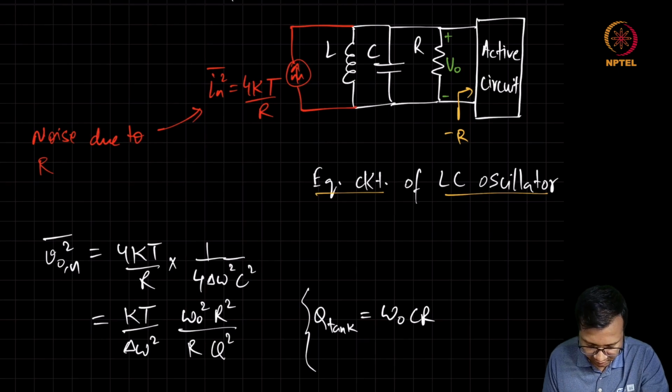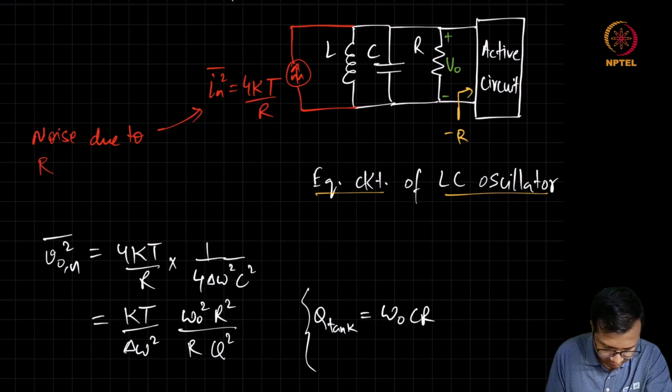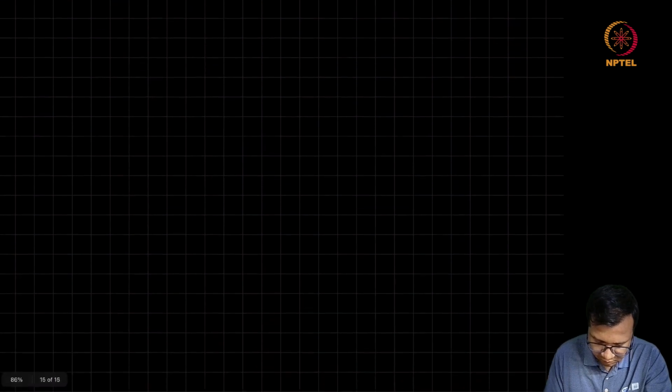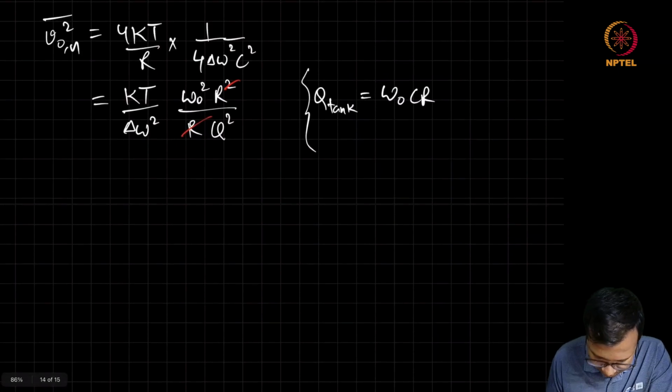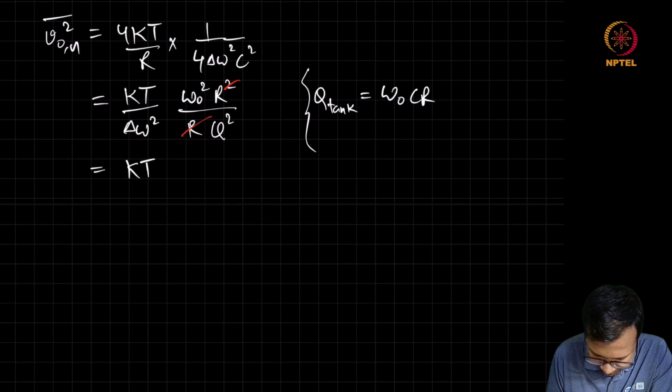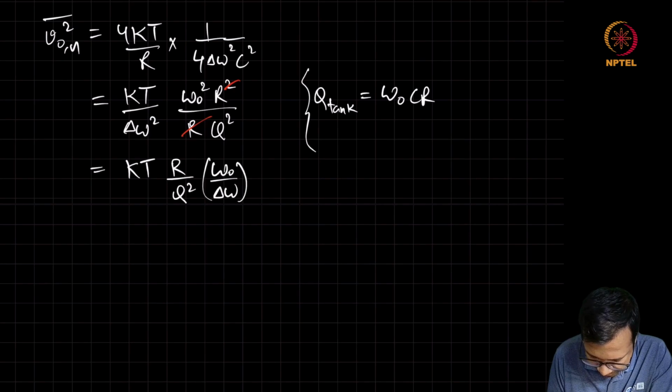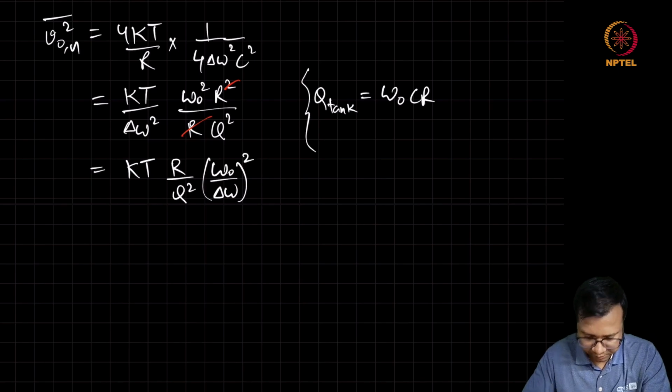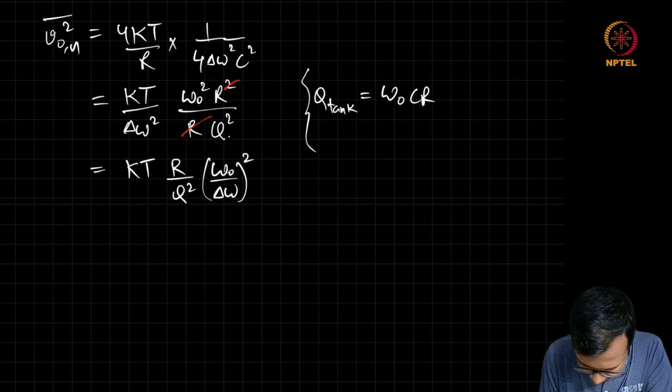This is equal to kT into R by Q square into omega naught by delta omega whole square. Here this is Q tank.